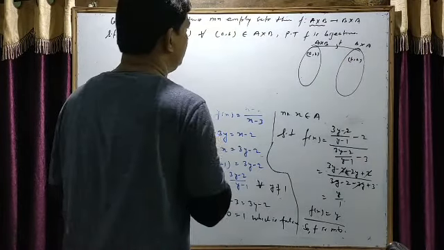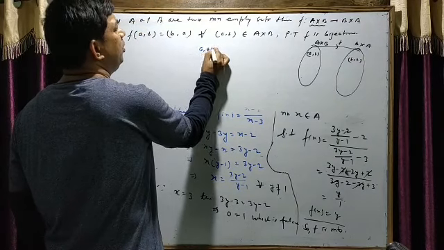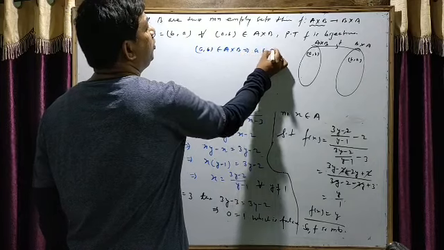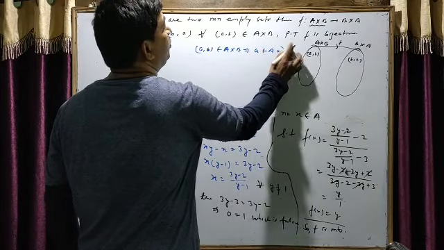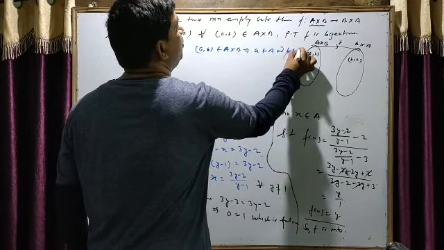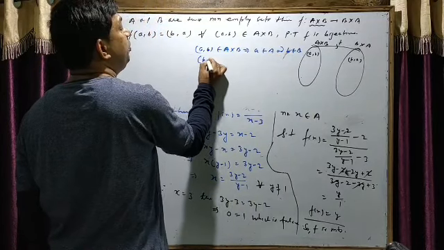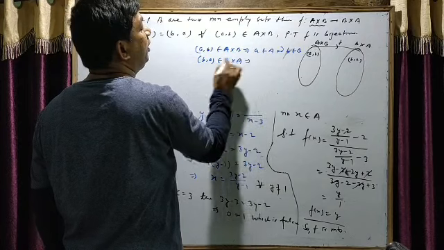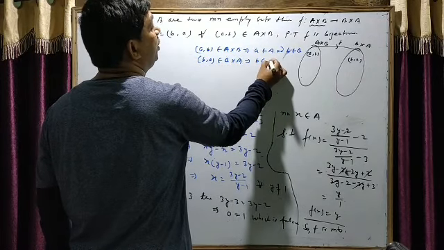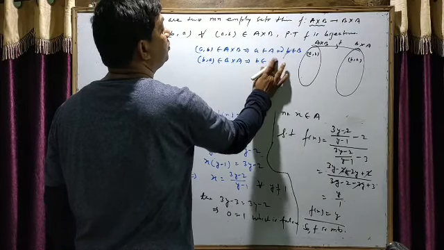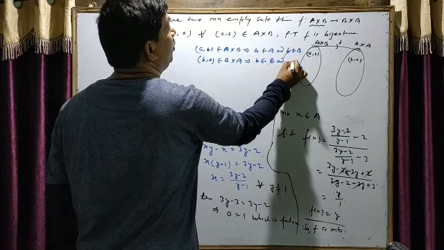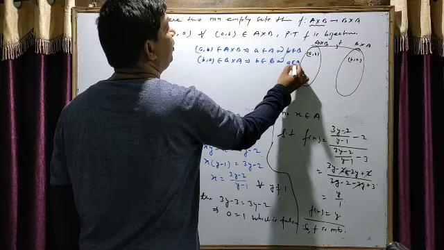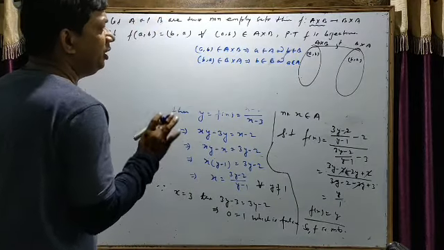Because if (a, b) belongs to A cross B, it means a belongs to A and b belongs to B. But if (b, a) belongs to B cross A, same thing will come: b belonging to B and a belonging to A. Only presentation is different. Things are almost the same.